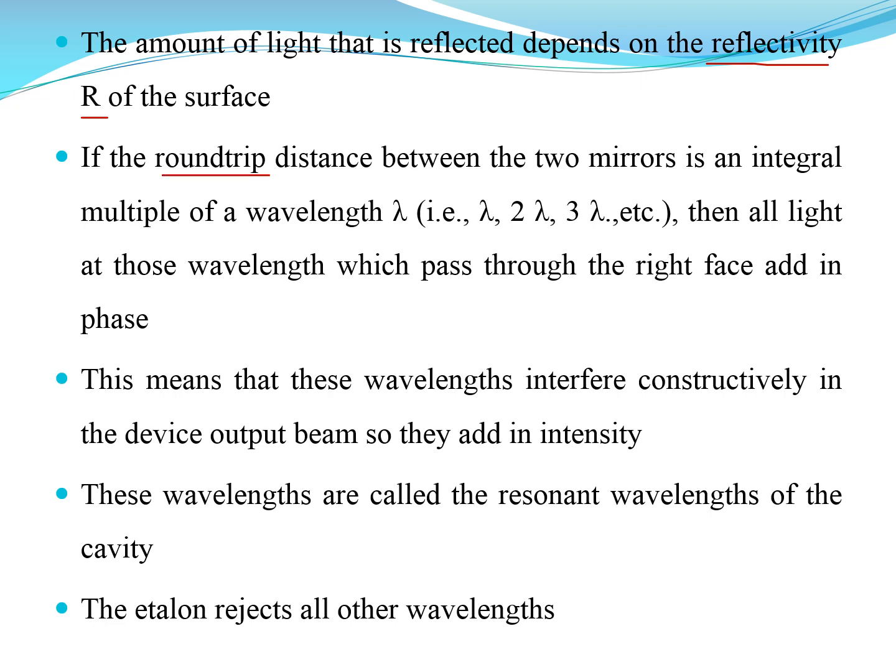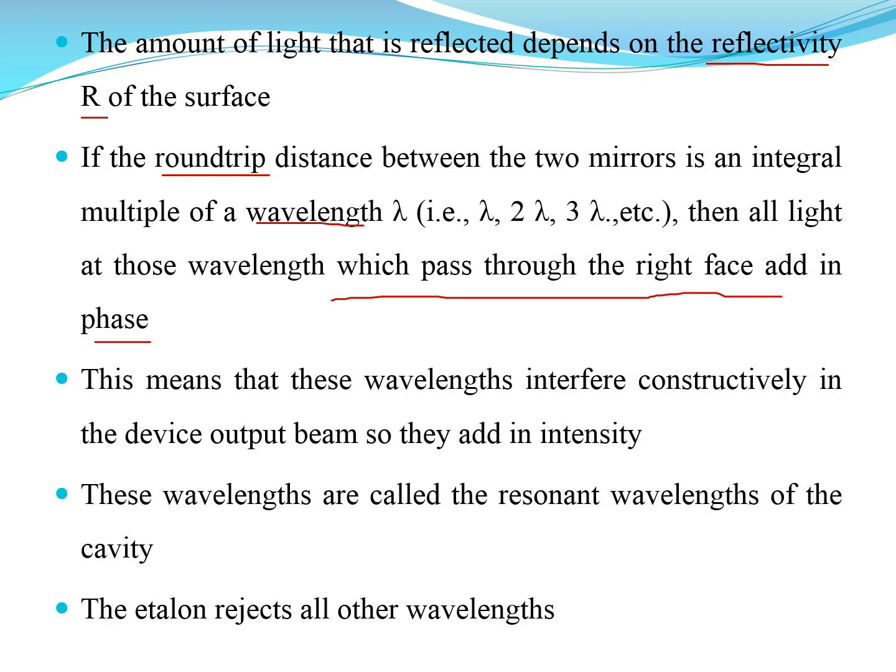If the round trip distance between the two mirrors is an integral multiple of wavelengths lambda, then all the light at those wavelengths which pass through the right add in phase.